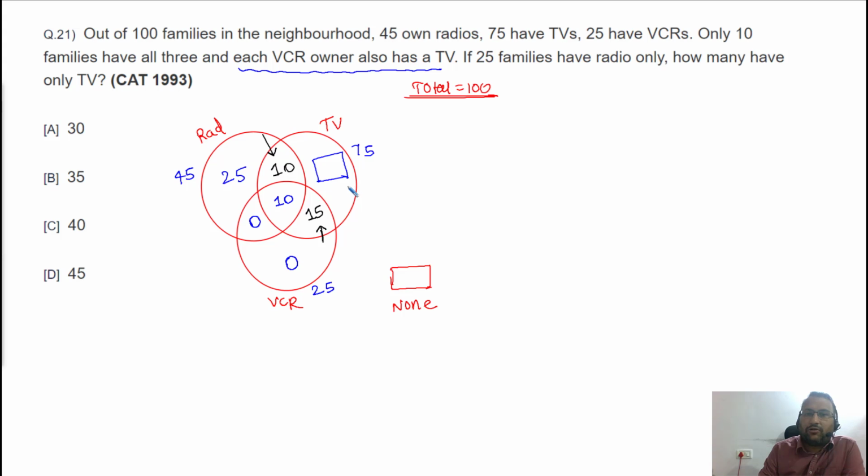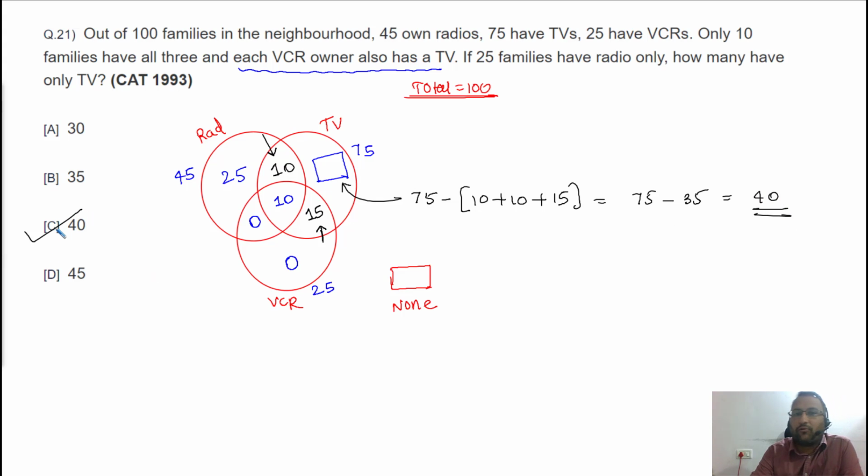So now the value of this region is going to be how much? 75 minus 10 plus 10 plus 15, that is 75 minus 35. This subtraction is equal to 40. So there are 40 families who own only TV. This is how we can solve this question.